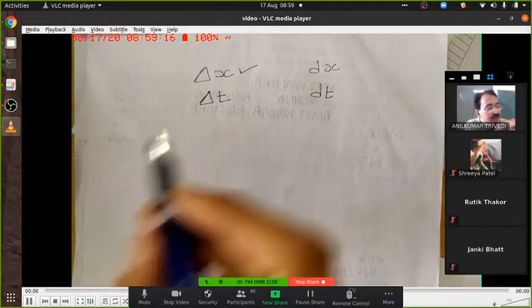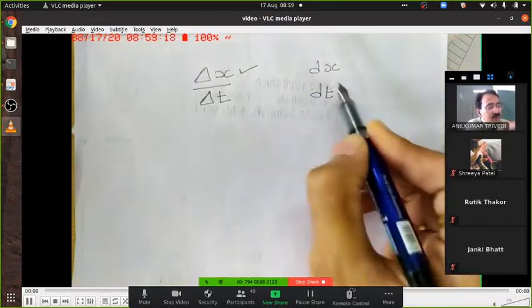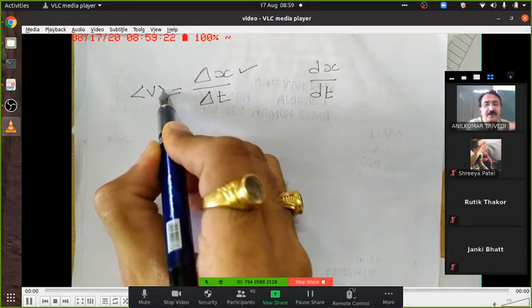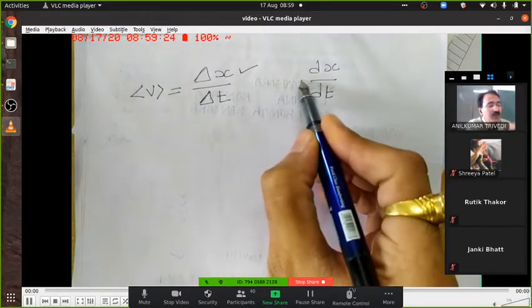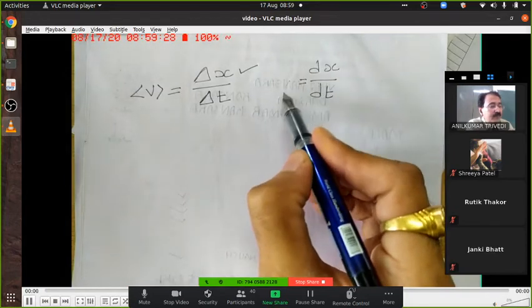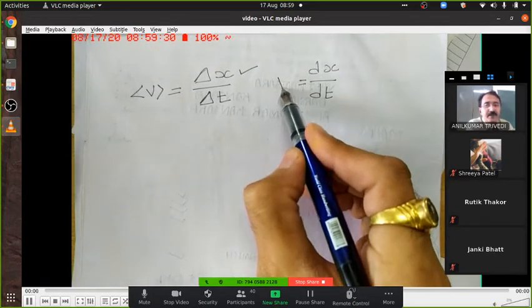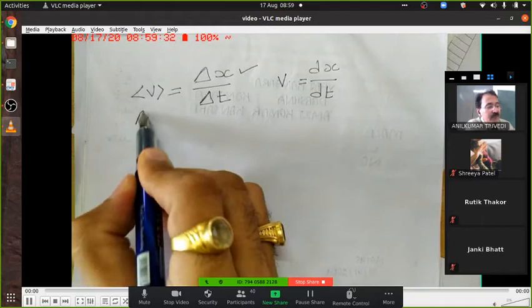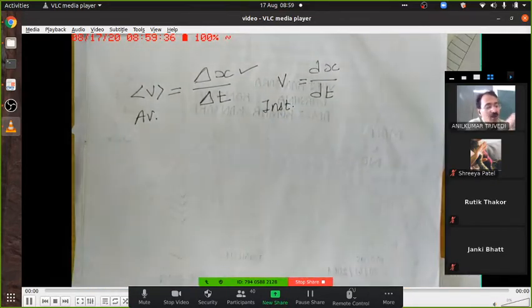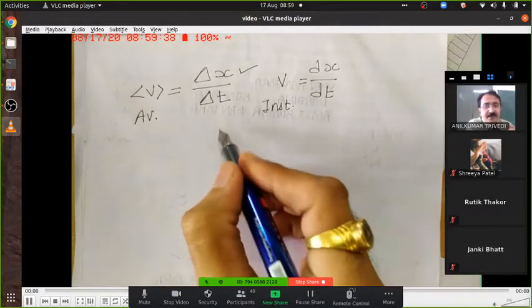So, okay. If I take a ratio, then the subject will be average velocity. Then here what will be the ratio? Symbol? Instantaneous velocity. So this is average, this is instantaneous. What is the unit of this?